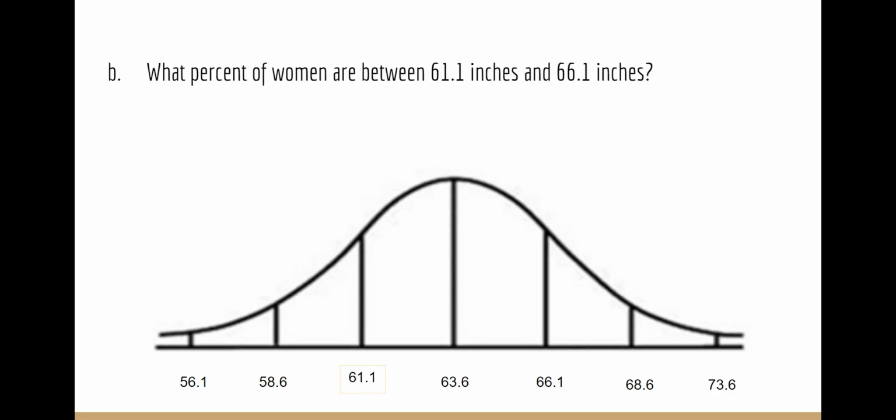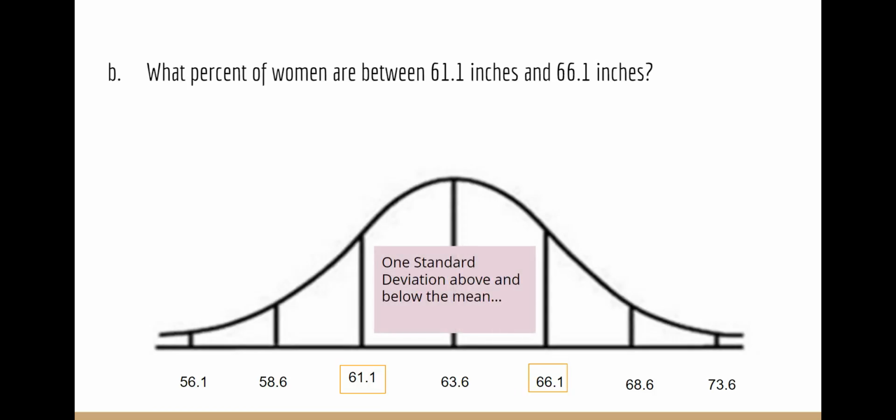So the first thing I do, I identify 61.1 and 66.1 on my number line here. I've outlined these in orange, so it's pretty easy for us to see what area we're trying to look for. So it's 1 standard deviation above and below the mean.